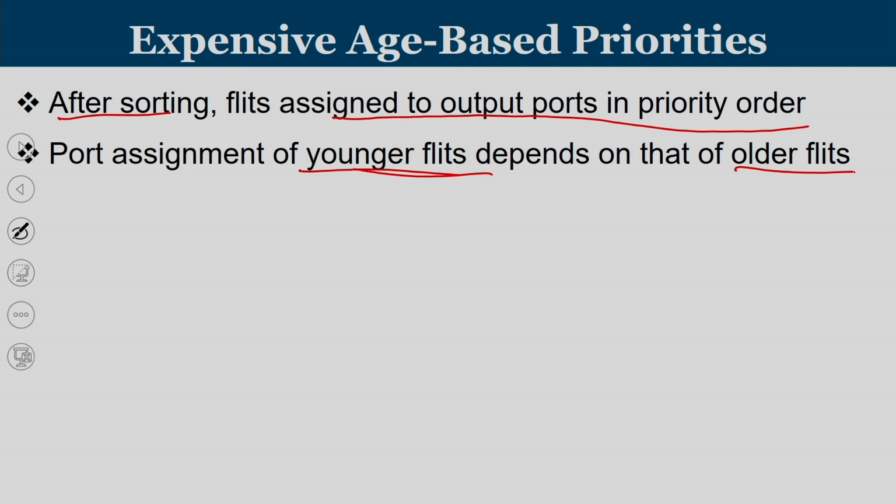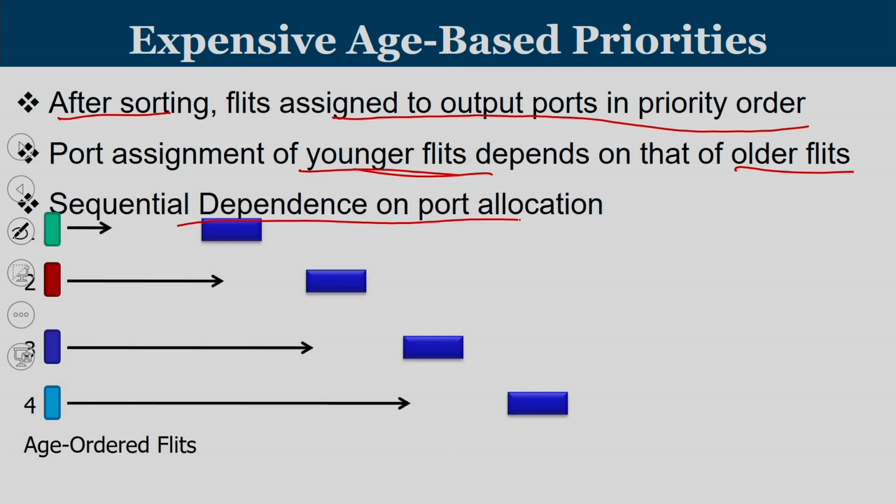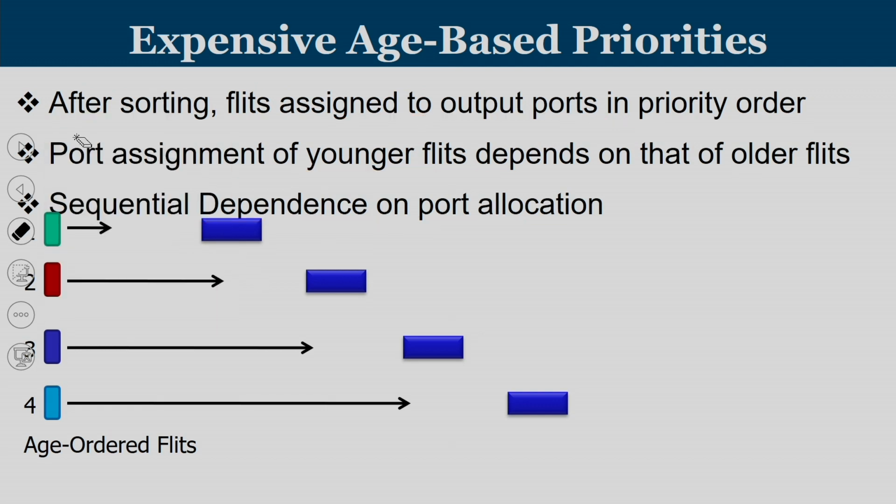So what are the ports that are left behind after the older flits have been allocated? And this can be done only with a sequential dependence on port allocation. So consider this case. Let's say you have your green flit that is highest in age, and the green flit is going to ask for east.